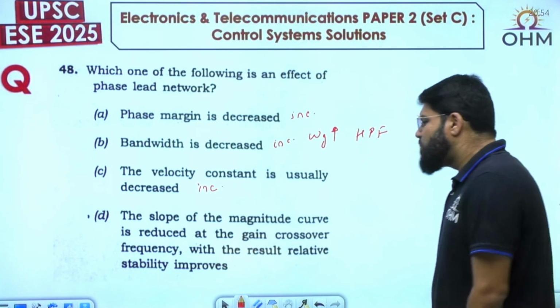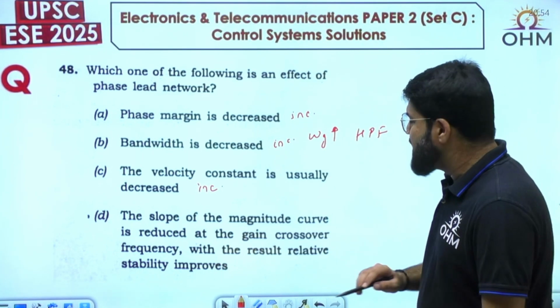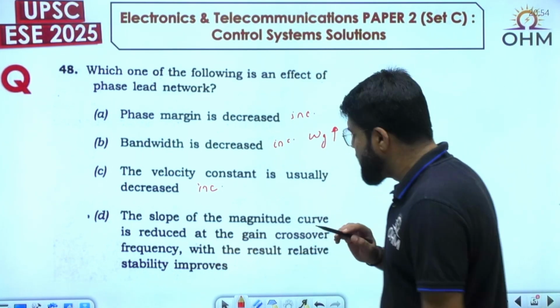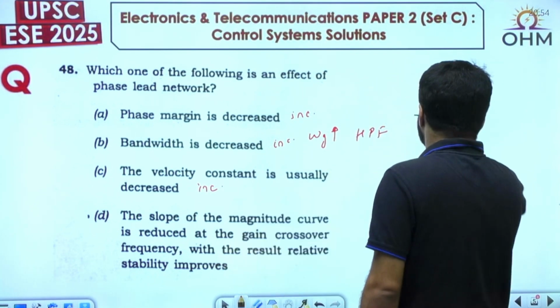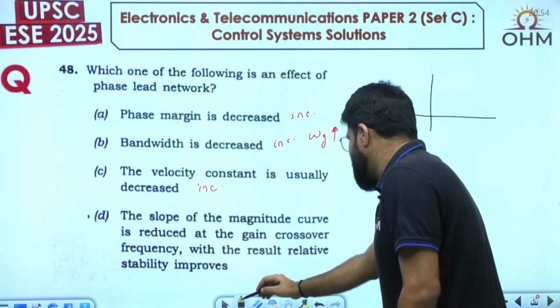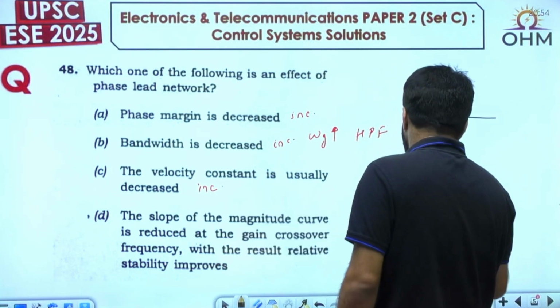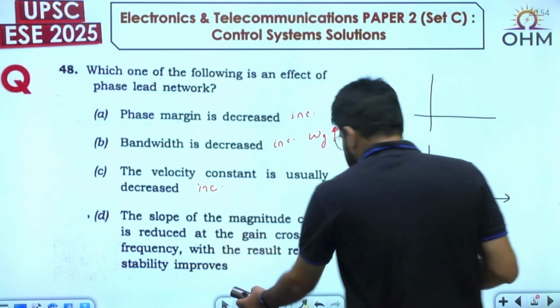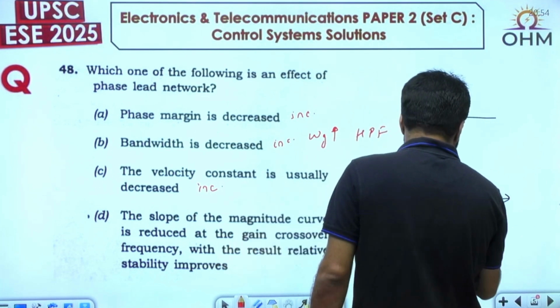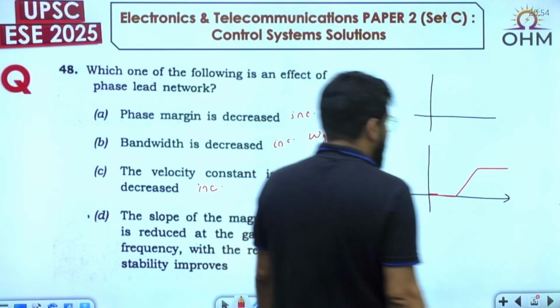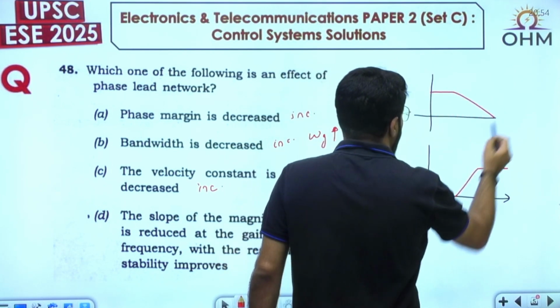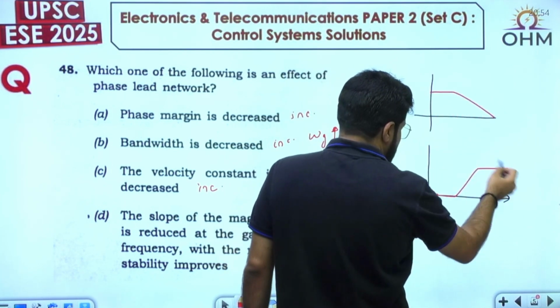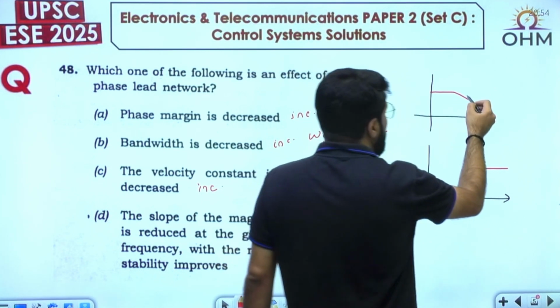The slope of the magnitude curve is reduced at the gain crossover frequency. Like I told you, if it is a phase lead network, this slope is in terms of the absolute slope. This is how the lead compensator will look, and if this is some original Bode plot, because it's a positive magnitude case, how will the slope be affected?